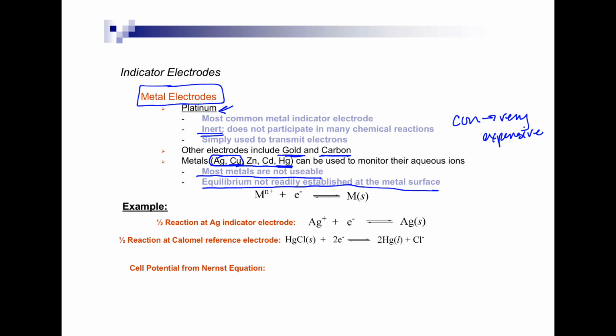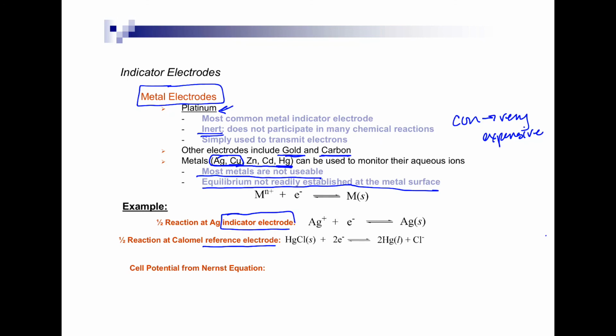Okay, how we would find the potential between an indicator electrode, so that's the thing that has the redox chemistry happening on the surface, and a reference electrode, is we would use the Nernst equation.